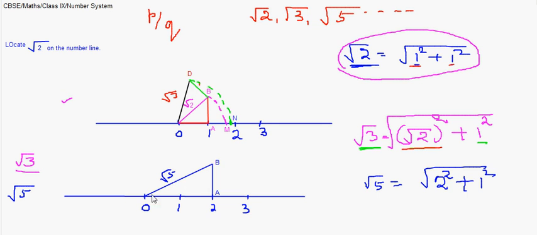So you have to take your radius as OB, draw an arc. It will be somewhat between 2 and 3. My figure again is not accurate. So once you draw the arc, the point which intersects the number line, maybe I name again as M. This OM is now representing root 5.